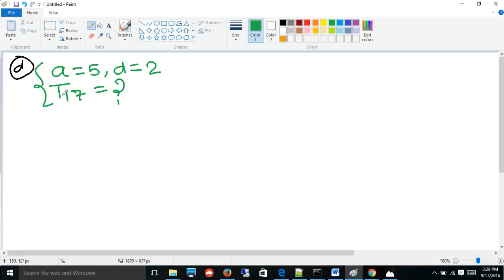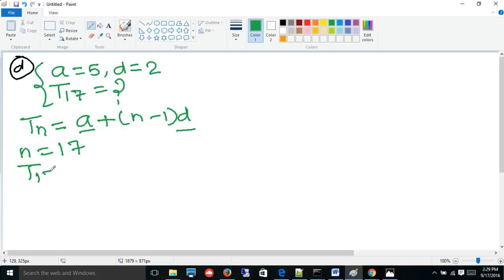So this is our question. Now to calculate another term, I already explained. Use this formula: Tn equals A plus n minus 1 into D. So put the value of n as 17, and the values of A and D.